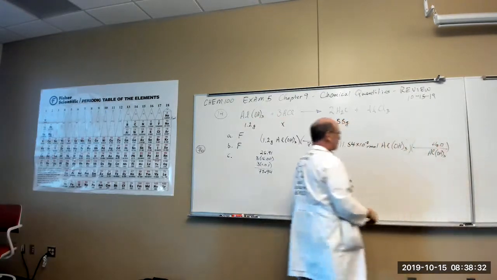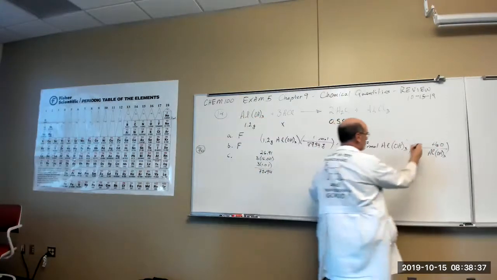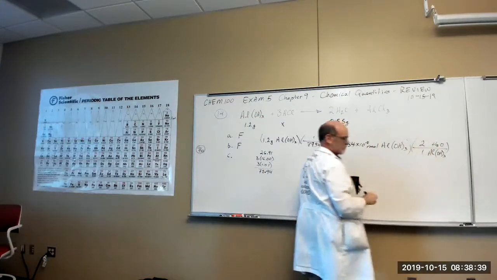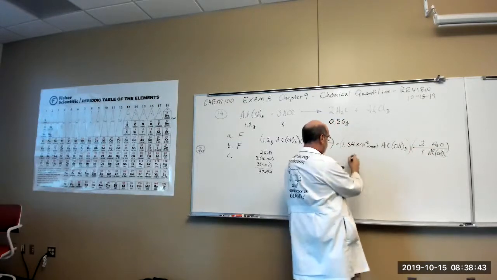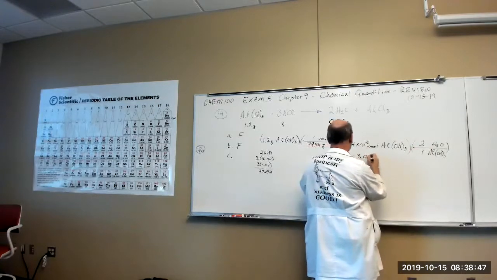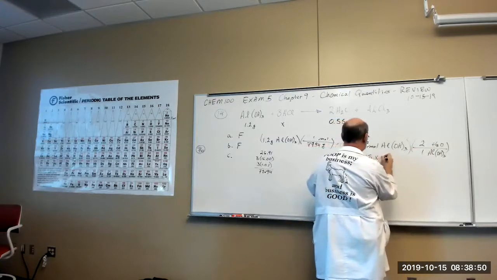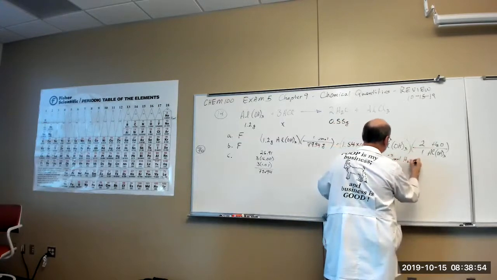And that would be what? 1 on the bottom, 2 on the top. Those are the coefficients. And that gives us 3.08 times 10 to the minus 2 moles of water.